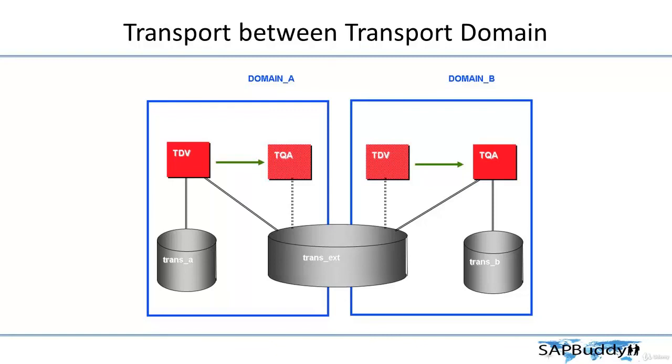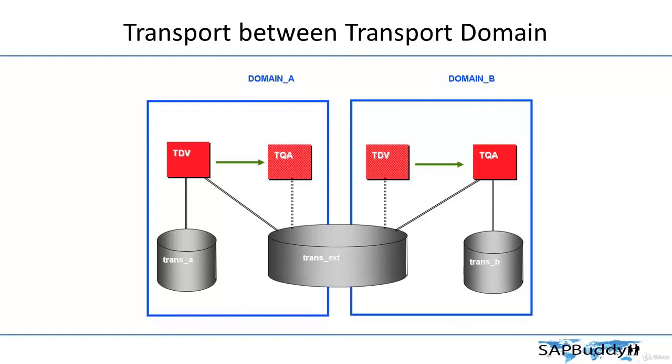And this transport directory should be linked with an external system within the particular domain. So for example, you have an external system which is TQA, which is available in domain A, which is linked to this particular transport directory.